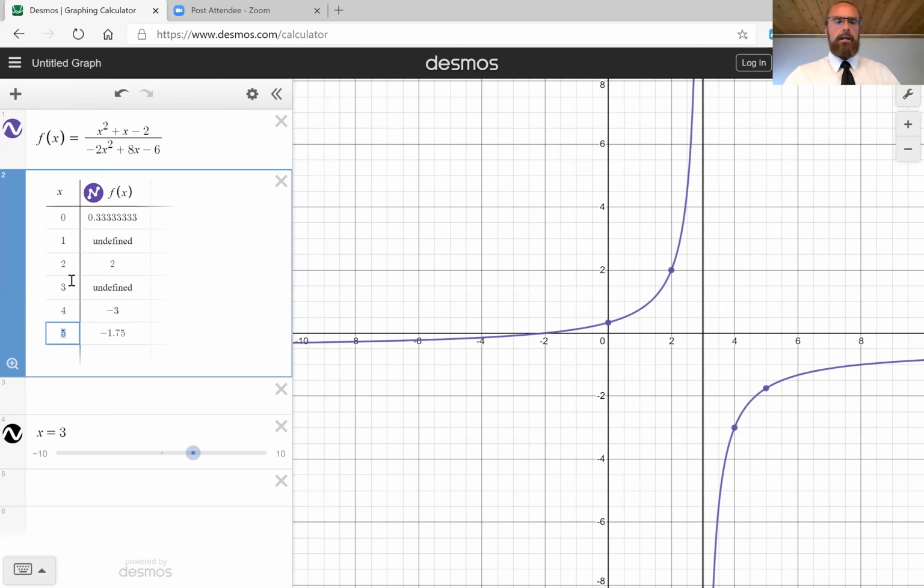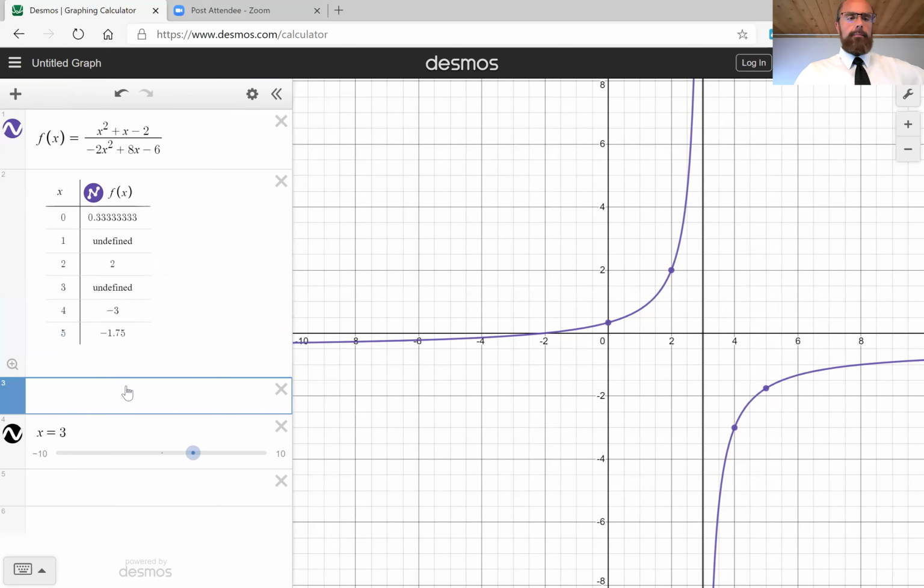So we'll go to 5. So those are the output values for that function. So on the left-hand side, we got 0 is 1/3, 0.3 repeating. 1 is undefined. That's what we saw with the cancellation.